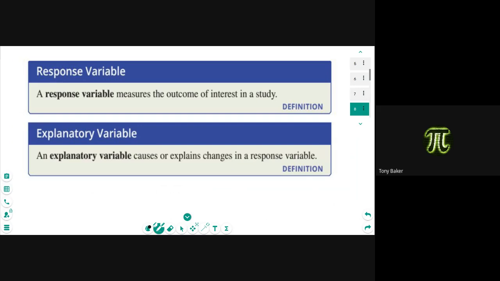The explanatory variable is what we think caused those changes. Remember, it's always going to be a change. If we're not noticing a change, then we didn't do the experiment correctly, or what we're trying isn't working. We need to try something else. There's always got to be some kind of a change. So response is what we're looking for, and the explanatory is why that is happening.